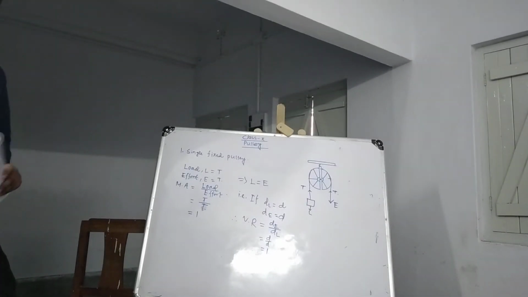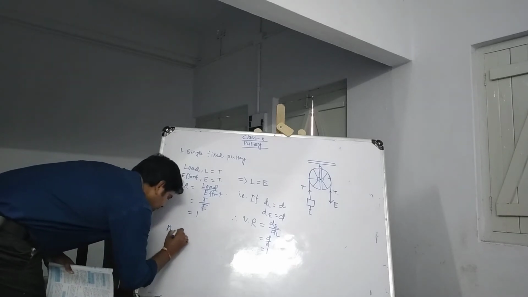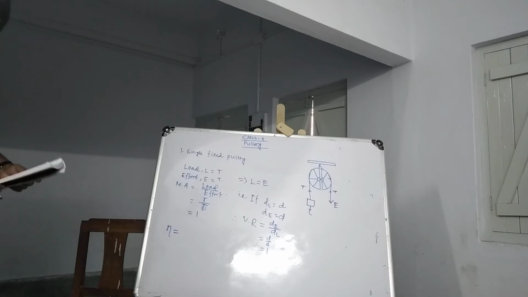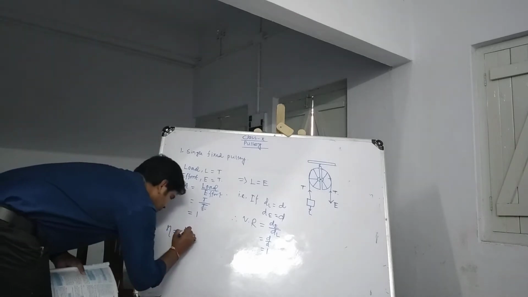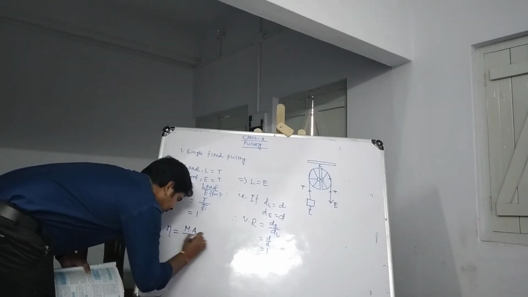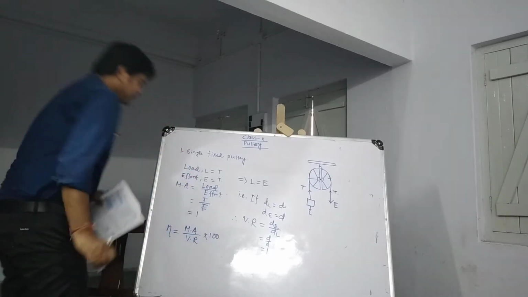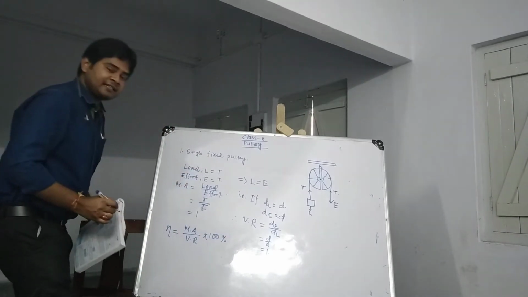Now, what is the efficiency? We know that efficiency, eta, is defined as the ratio of mechanical advantage to the velocity ratio, mechanical advantage divided by velocity ratio, and we represent this efficiency as a percentage, times 100%.